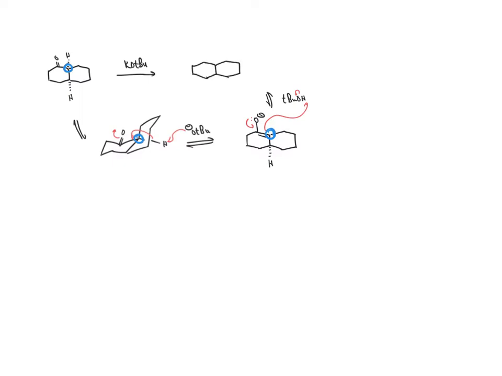And we all know that trans-decalins are much more stable than a cis-decalin. And so when it protonates, it almost exclusively protonates from the front face to give you the trans-decalin.